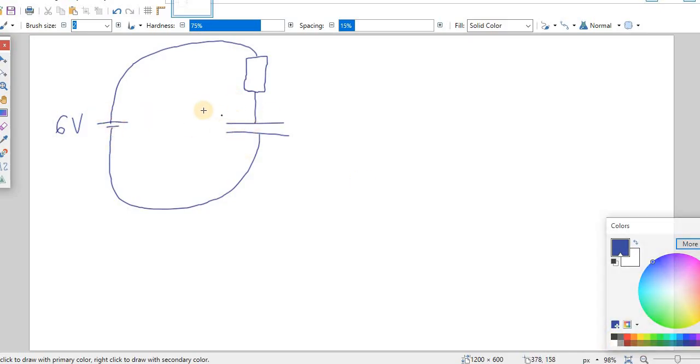Now the electrons will be drawn towards the positive plate from this side, because here we have a positively charged plate and electrons are negatively charged. So they will be drawn this way. Electrons will flow like this, and over here we have negative charge, so the electrons will be pushed this way.